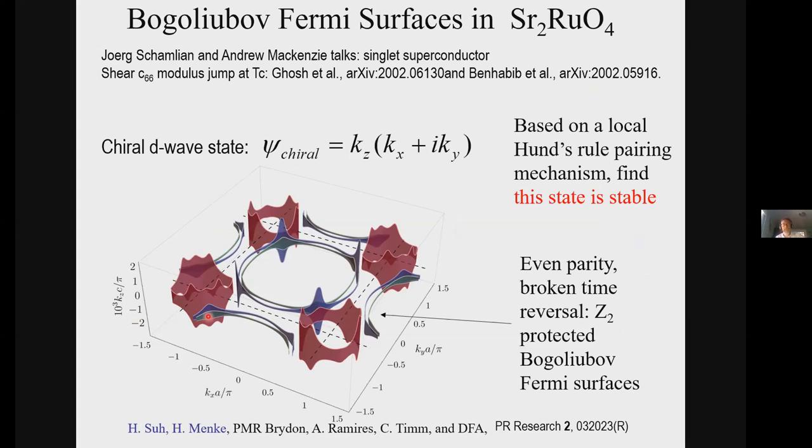So these features you're talking about are coming from something like 1% of the original density of states, and so I do think that they're going to be hard to see in this context. But I do think these Fermi surfaces are nonetheless important because they provide nodes where nodes weren't before, in particular nodes at finite kz, which can lead to non-trivial implications in understanding other experiments like, say, thermal conductivity experiments.